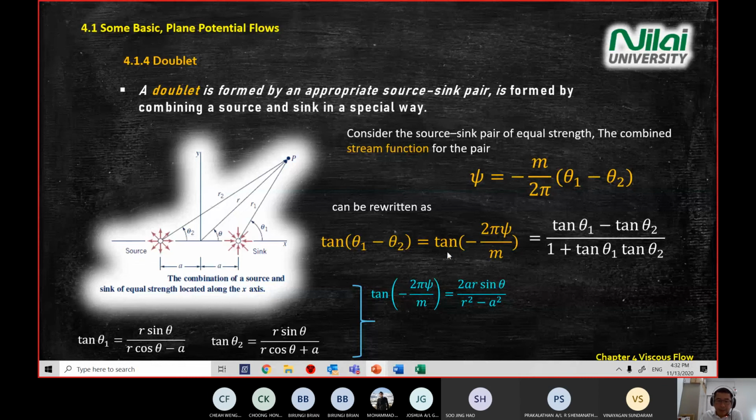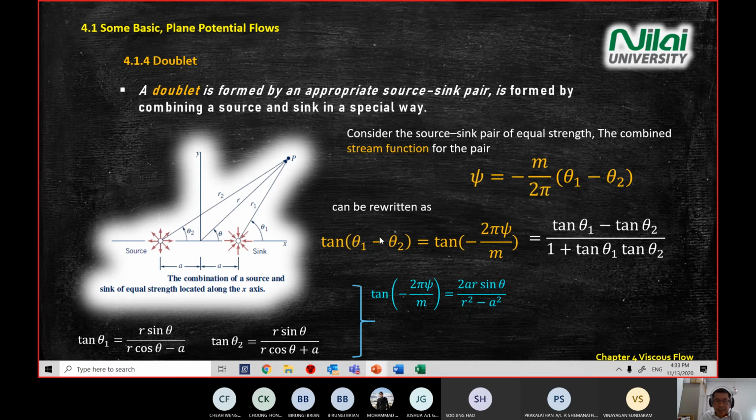Okay, just continue with these two equations. You rearrange because we want to put this equation in terms of r and a, which we know inside our scenario. This trigonometry equation does not give us the a and r distances that we can use for calculation, so we need to convert this equation into this form.